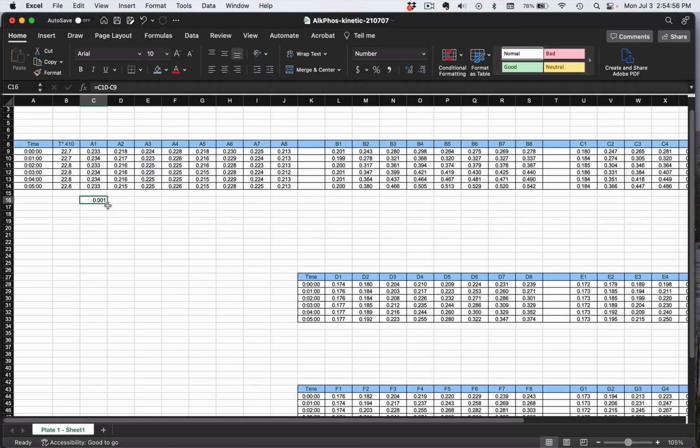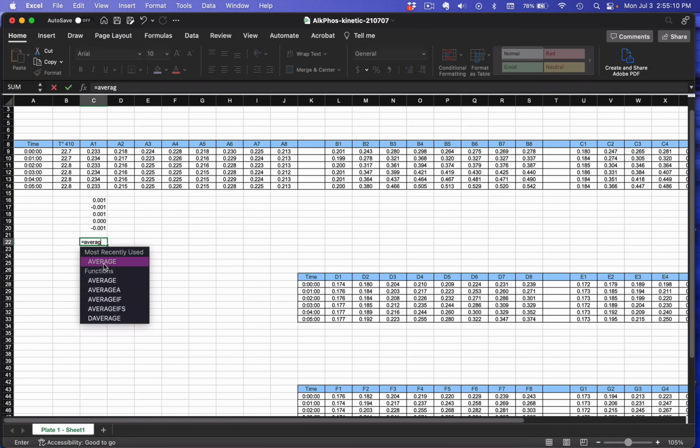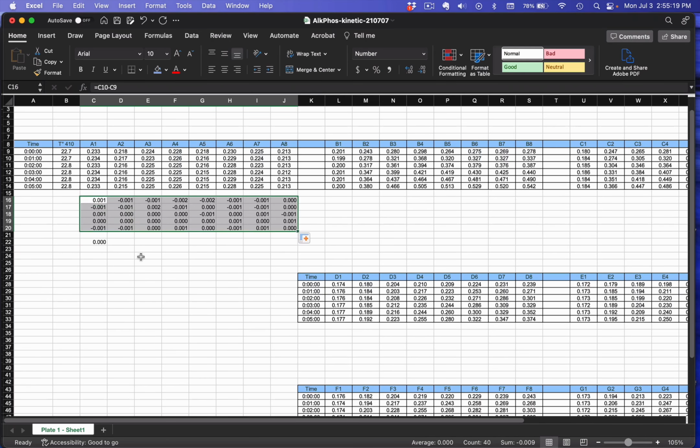If we drag this down for several cells and get rid of that last one, we notice the fluctuation is so minimal that we can say equals average of these right here, and essentially it's 0. So we can take this and drag that average out. And we notice that basically there's essentially no change. The change is so small as to be infinitesimal in this case.